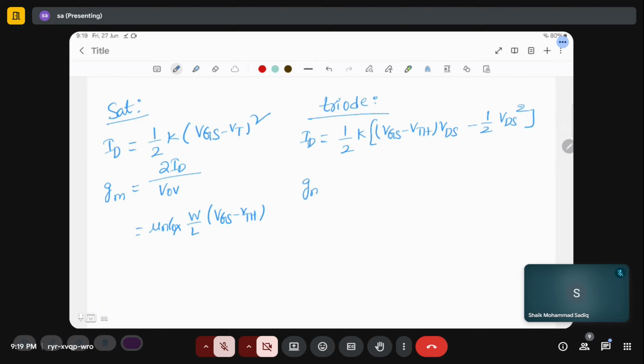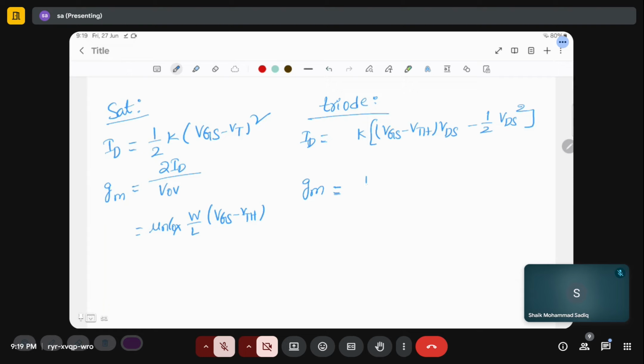What is gm here? Sorry, this half will not be there, right?